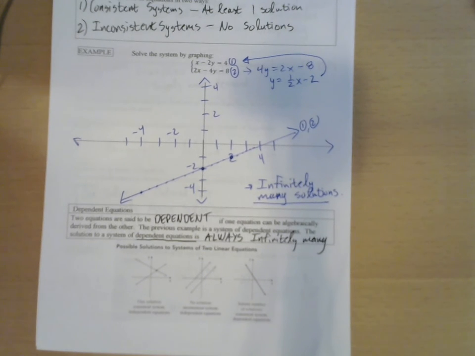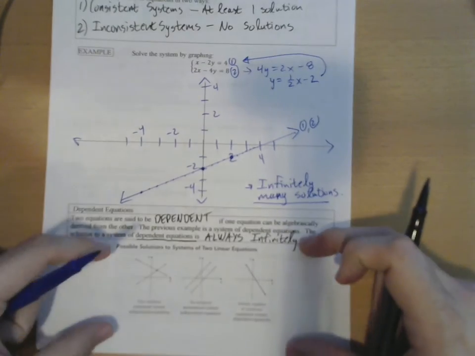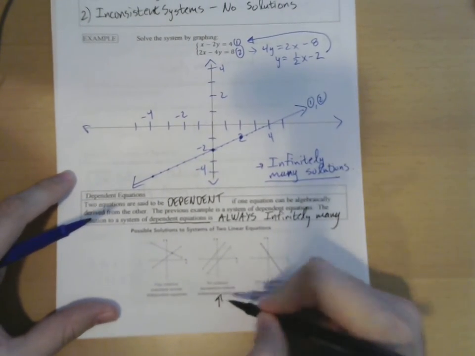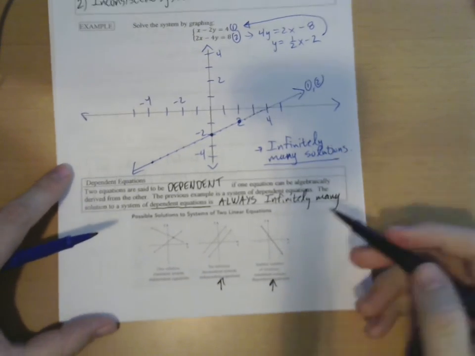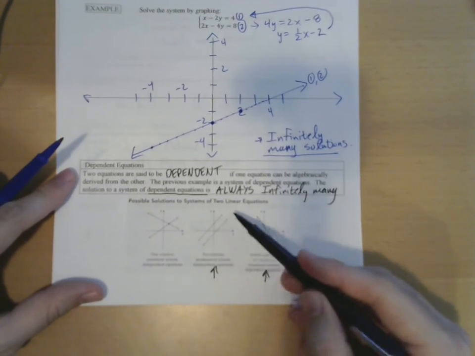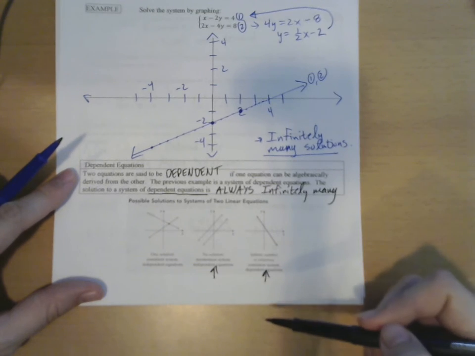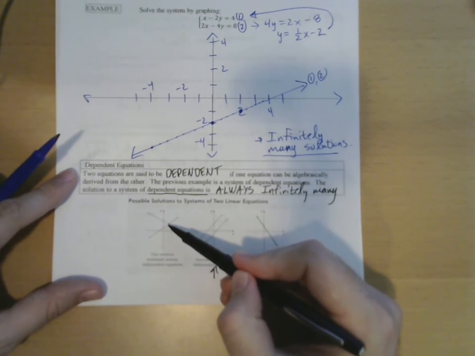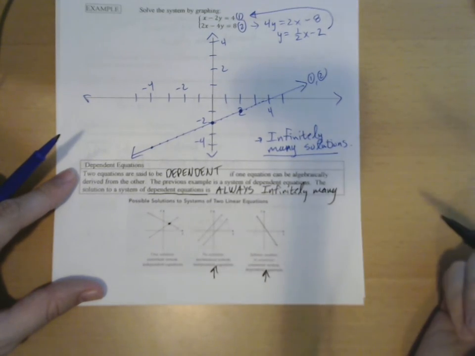So I've got a little shortcut thing here at the end to finish up this section. All the geometric interpretations. So as we saw in our two examples for this section, no solution is parallel lines. This is an inconsistent system, but it is still independent equations. One solution is an intersection of one point.